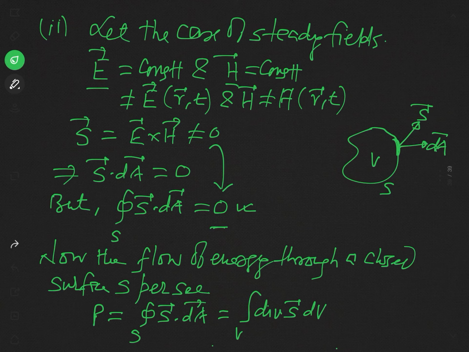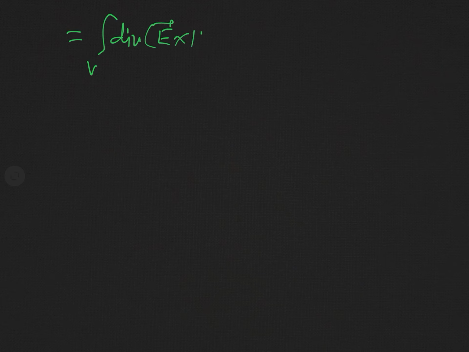Now, according to the definition of the Poynting vector, S is equal to E cross H, and so this is equal to the integral over V of divergence of E cross H dV.